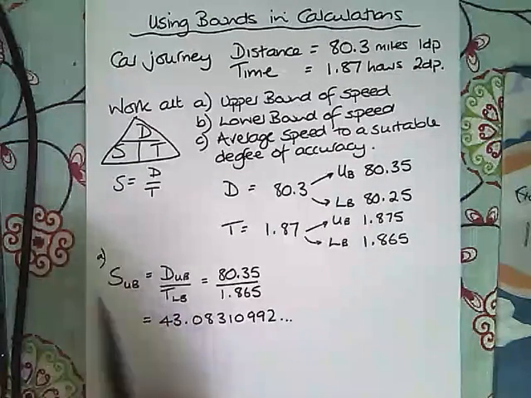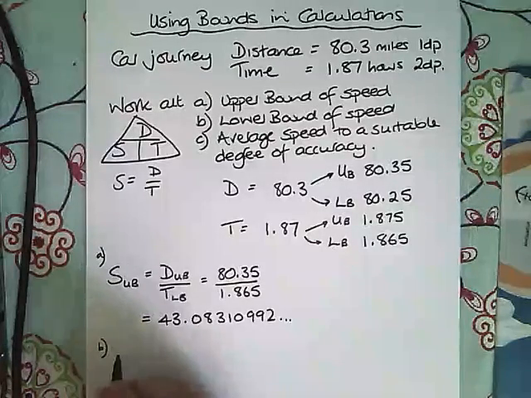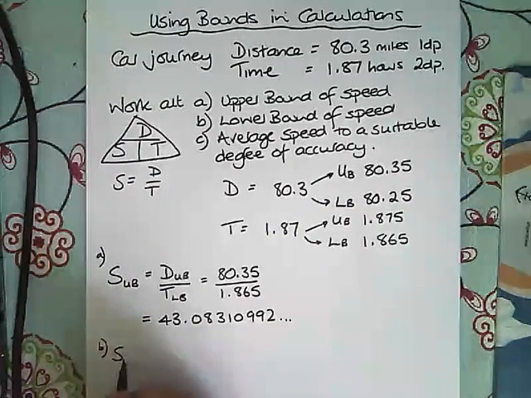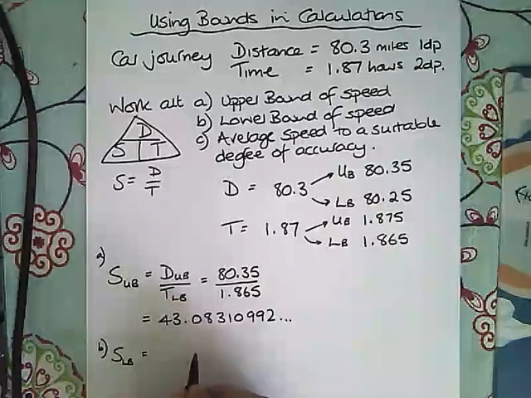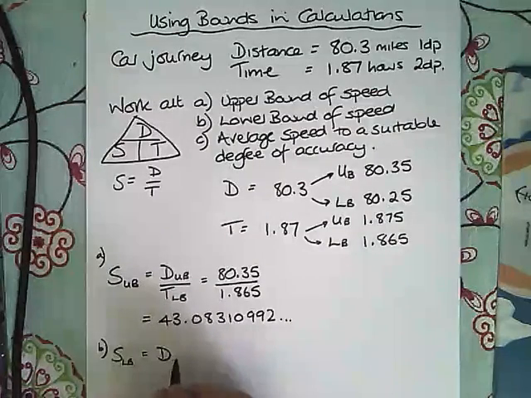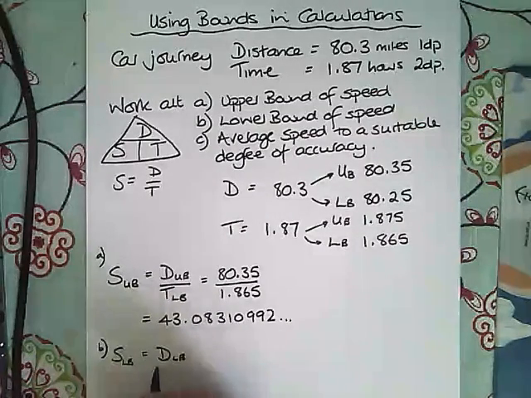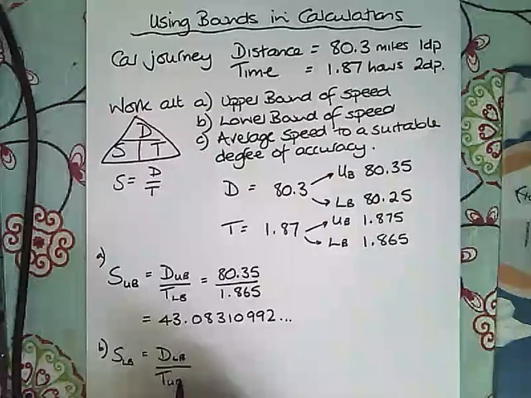That would be the maximum speed. If we're working out the lowest value of the speed, the lower bound of the speed, that would be when we had the smallest distance taking the largest amount of time. So it would be the lower bound of the distance divided by the upper bound of the time.